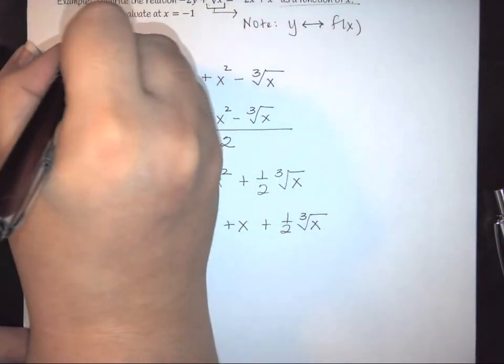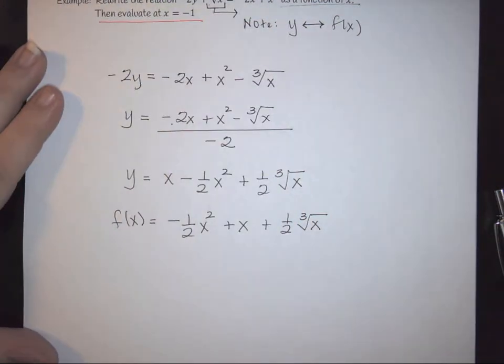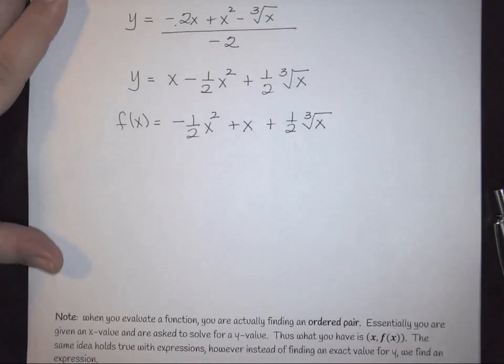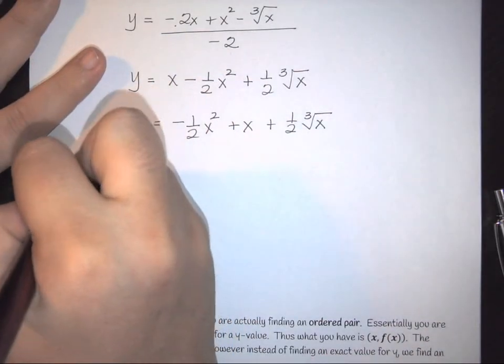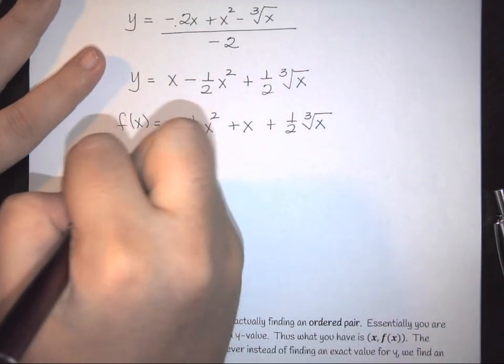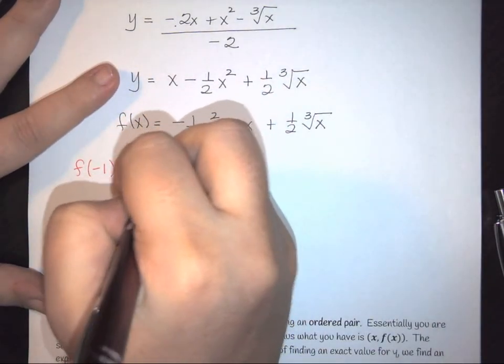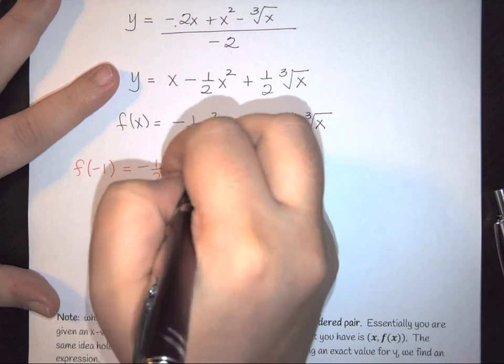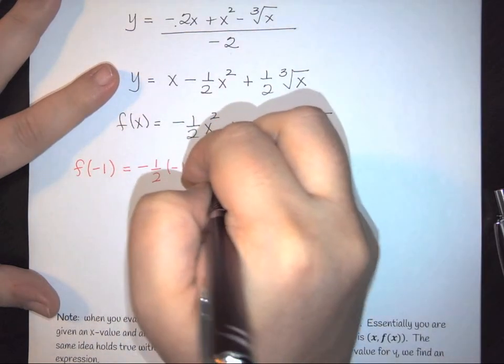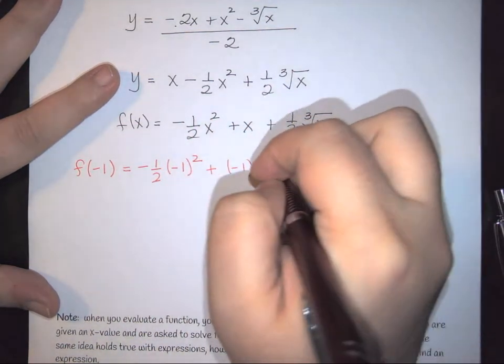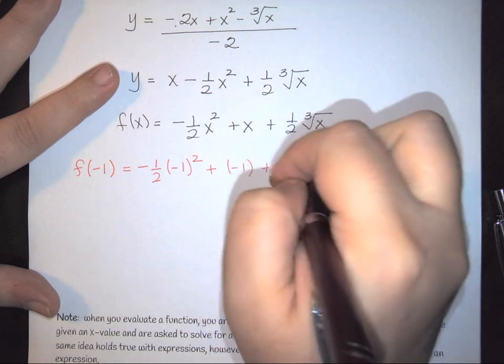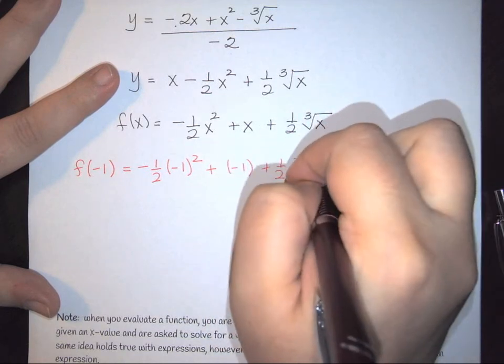The second part says we need to evaluate where x is negative 1. So here this means now we're going to look at f of negative 1, which means anywhere I have an x becomes negative 1. So this is negative 1/2 times a negative 1 squared plus a negative 1 plus my 1/2 for the cubed root of negative 1.